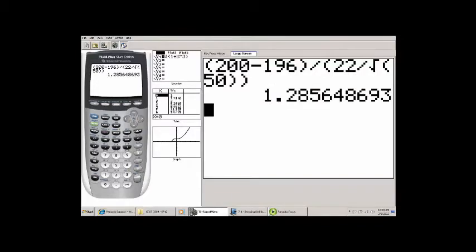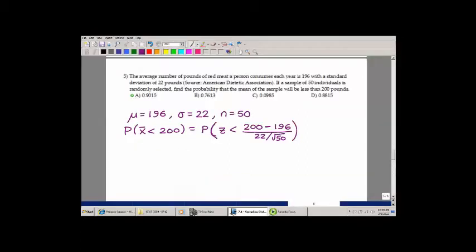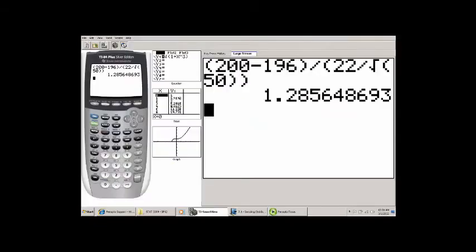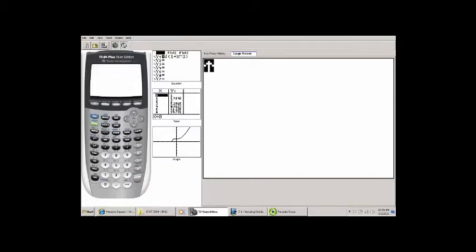Close my parentheses. We're looking at a z-score of 1.29. So probability that z is less than positive 1.29. Whenever you have less than, that's what your normal distribution chart is based on, so you don't have to manipulate the number. You just look it up as 1.29 using normal CDF.